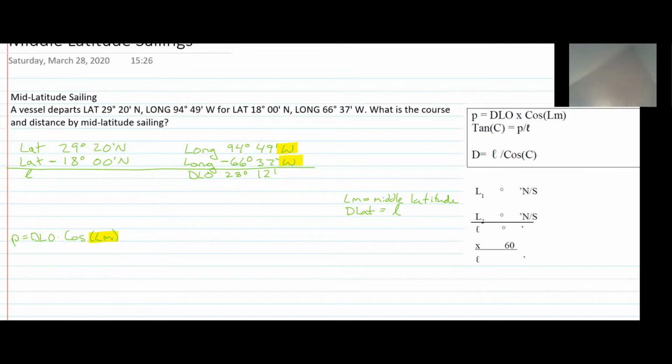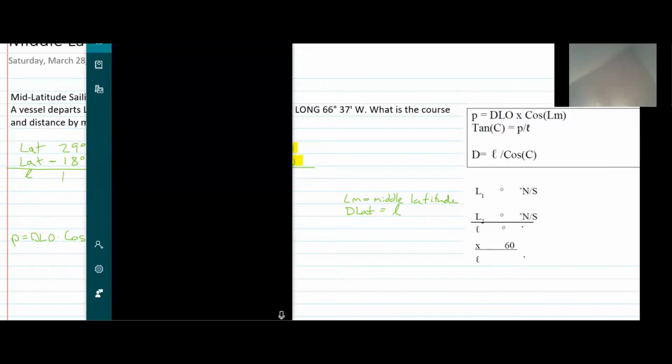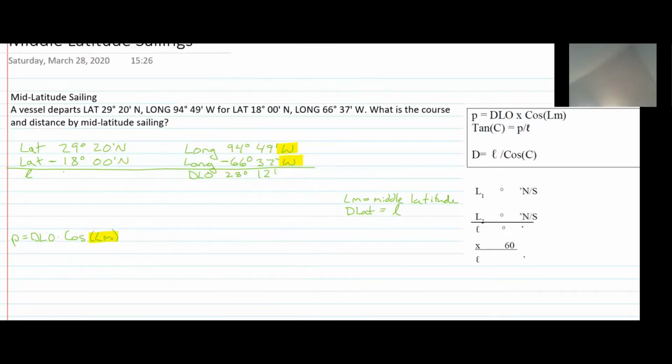Our two latitudes are in the same hemisphere, which means we will be subtracting them. 29 degrees, 20 minutes minus 18 degrees, 00 minutes, we'll get 11 degrees, 20 minutes. And that is our little L.